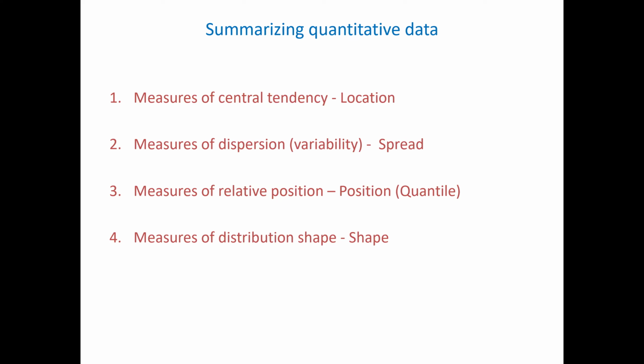Then the measure of dispersion, which I will explain. It's not enough to have one value, because there are some data sets where values are close together. For example, if you measure weight and height, weight will spread more than height, because the values of height among human beings are not too different.